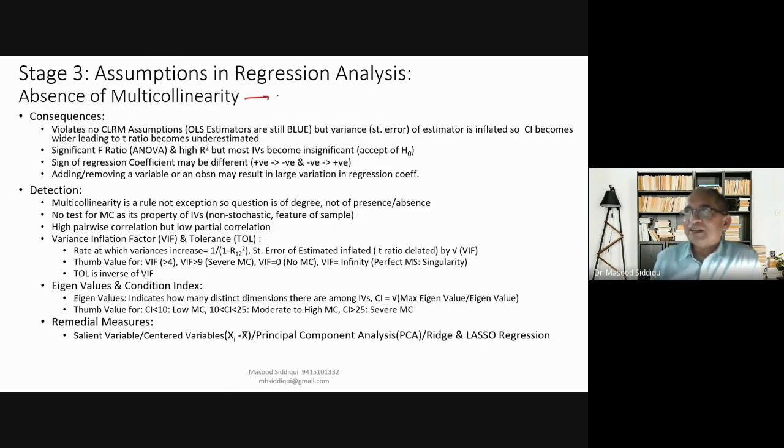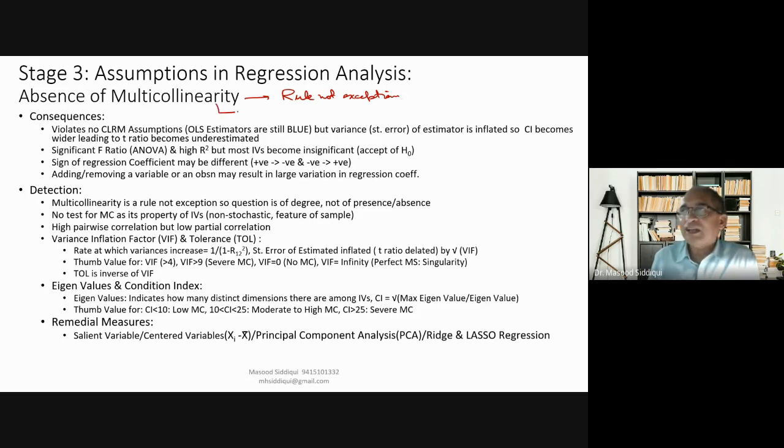We say this is a rule, not an exception. As an econometrician, we say that multicollinearity is a rule, not an exception. Means multicollinearity will always be there. So we are not concerned with the presence or absence, we are concerned with the magnitude.